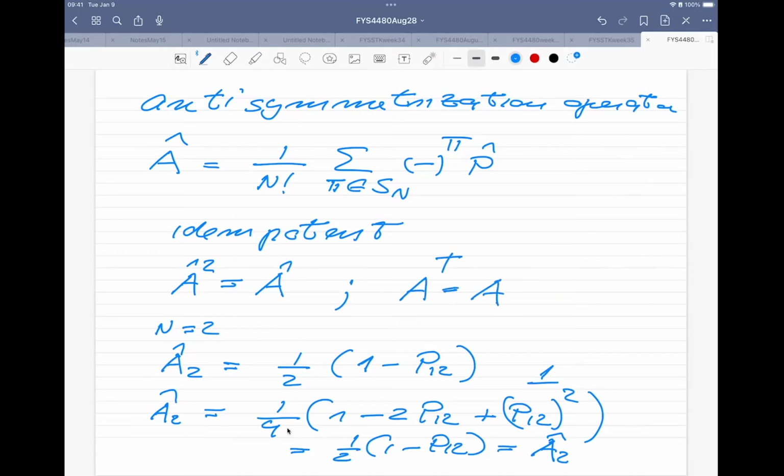Now I'm going to state something here, which is very important. And this is something you can prove because it follows from the fact that we have identical particles and indistinguishable particles. And one of the assumptions we have made about the Hamiltonian is that when you calculate an expectation value of the Hamiltonian, that expectation value is the same if you interchange particle 1 and 2.